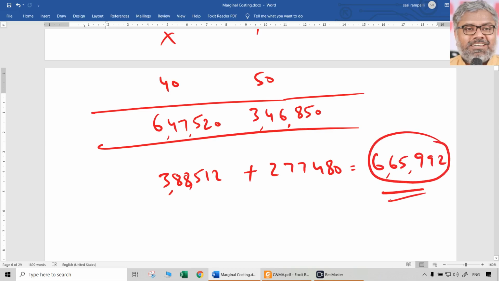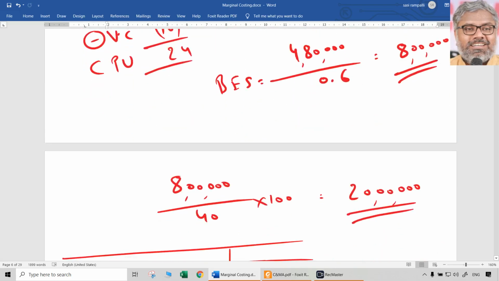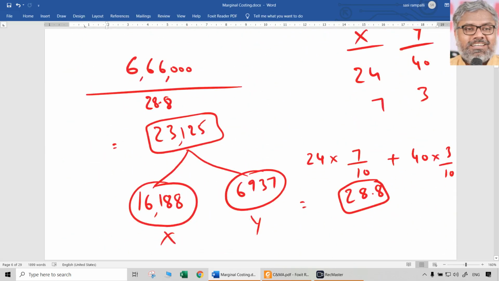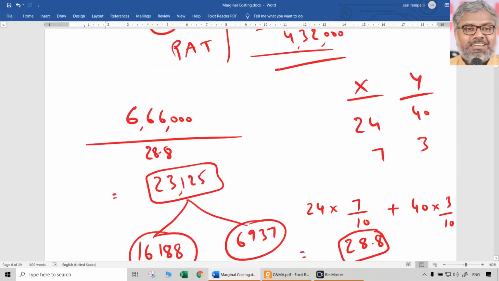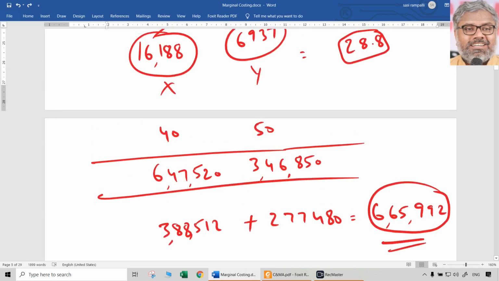It should ideally be equal to the fixed cost. Approximately, yes. The difference is because of fractions in the number of units that we have taken. There will be some difference. What was the fixed cost? Total for the factory, 6,66,000 rupees. Now how much did we get? 6,65,992. The 8 rupees difference is only because of the fractional units which we have rounded. That's it. This is only for checking.